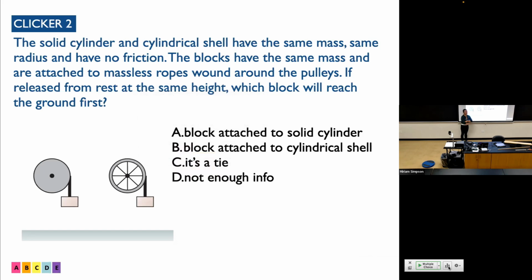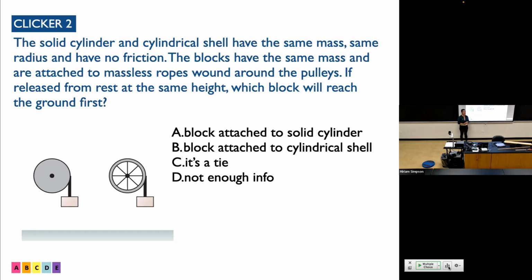What do we know about the torques? The same, right? mg, that's your force. What's your distance? Same, the radius, right? So the torque should be the same. What do we know about the moments of inertia? Right, they're different.